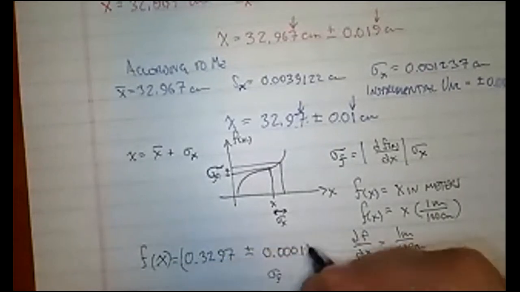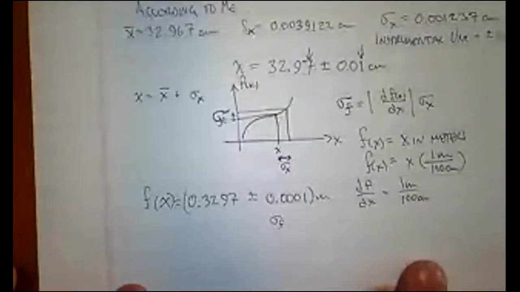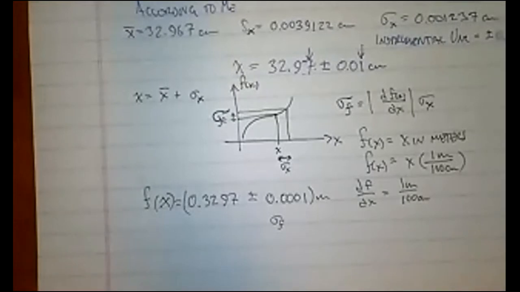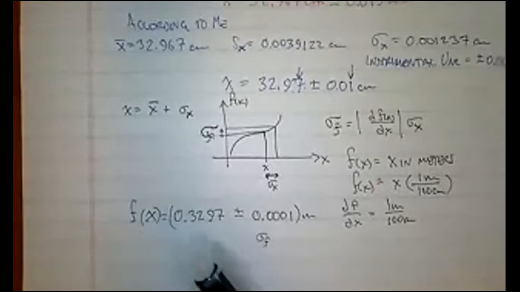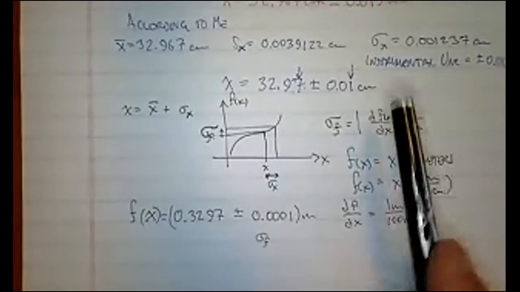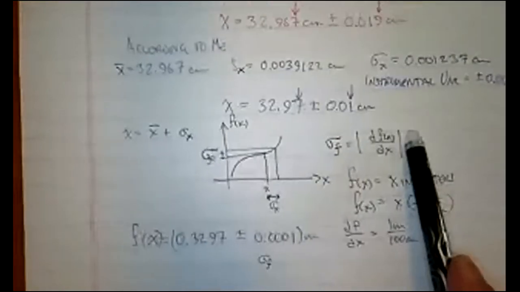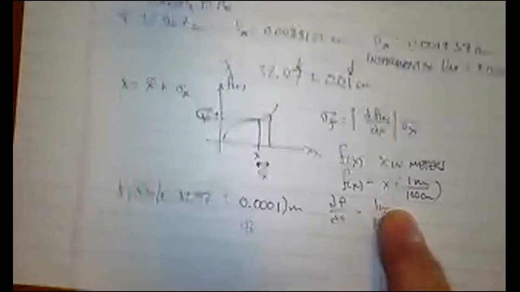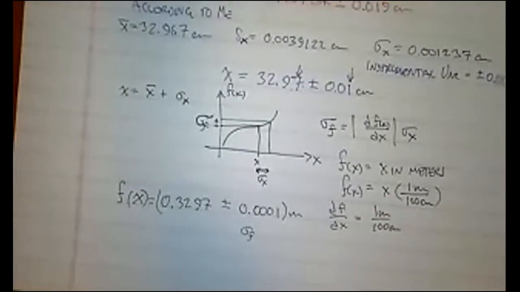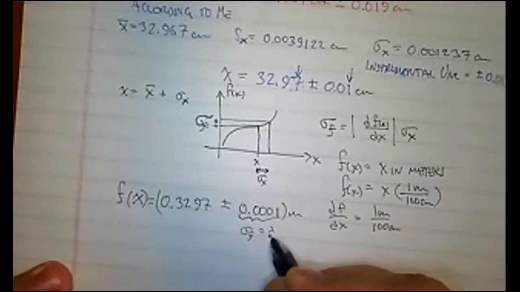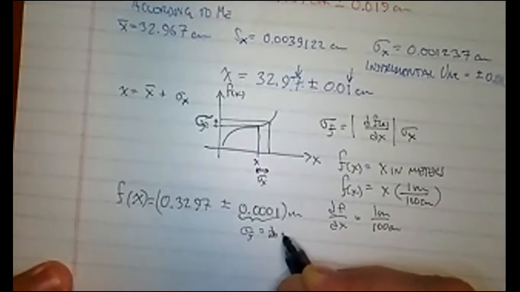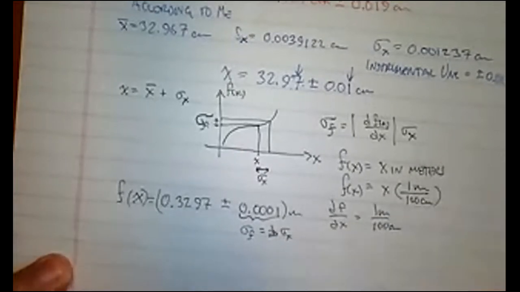Now all this can be reported in meters. So that's how you would report a propagation of error that came from multiplying x by a conversion factor. That is literally a formula, so that's perfectly fine. And what I'm telling you is this is sigma f, which equals 1/100 times sigma x.